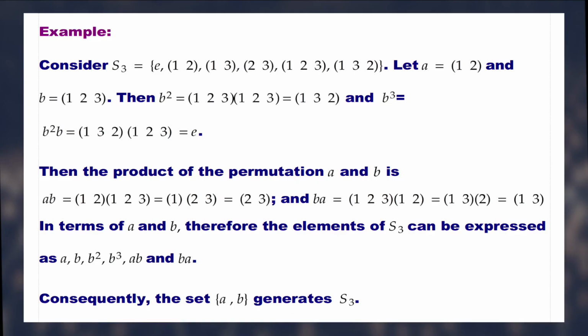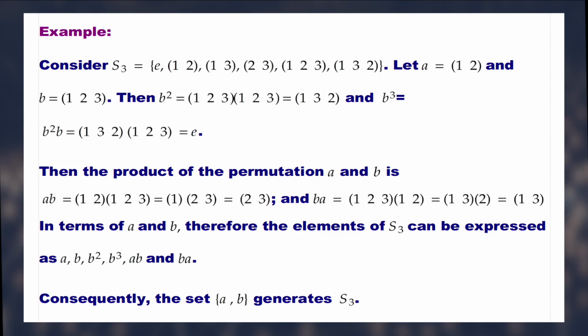Let's clarify this with an example. Consider S3 is equal to {e, (1 2), (1 3), (2 3), (1 2 3), (1 3 2)}. Let A be equal to (1 2) and B be equal to (1 2 3). Then B squared is equal to (1 2 3) times (1 2 3).